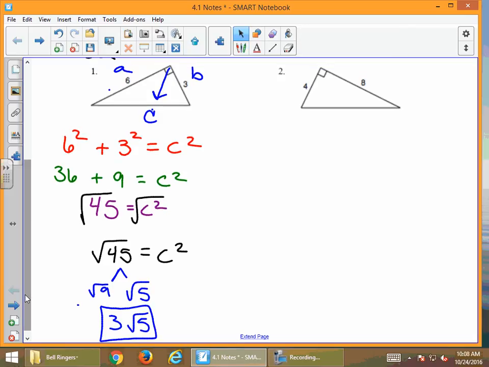Real quick too, those of you who like to borrow our calculators, because you have to use your calculator on the test. If you borrow our calculators, again, these are not the greatest calculators in the world. Again, we recommend get your own, Halloween coming up, all that good jazz. You have to work backwards on these calculators every time you use them. So if I want to check to see if 45 is a perfect square, I literally have to hit 45 first. Well, my calculator works.